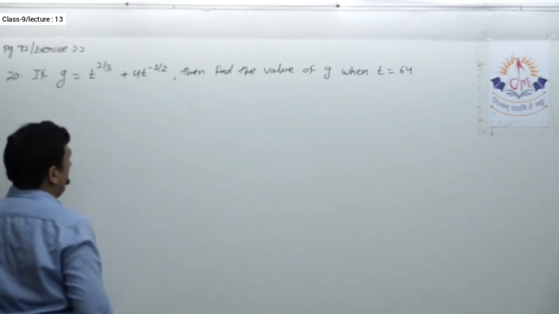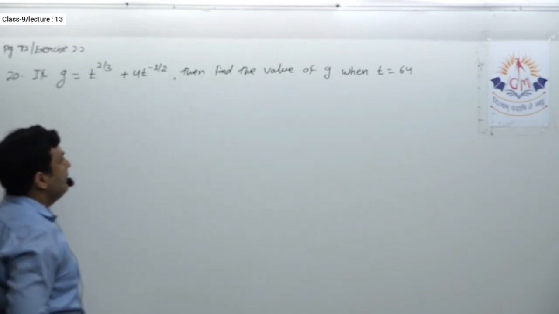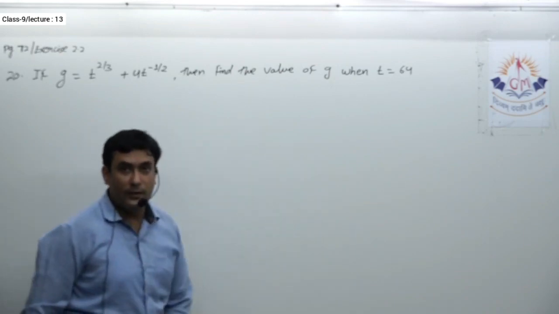You have to find the value of g for the given value of t equal to 64.